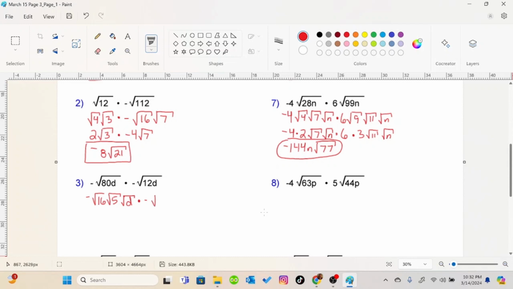And the square root of 12d can be written as the square root of 4 times the square root of 3 times the square root of d. The square root of 16 is 4. And the square root of 4 is 2.